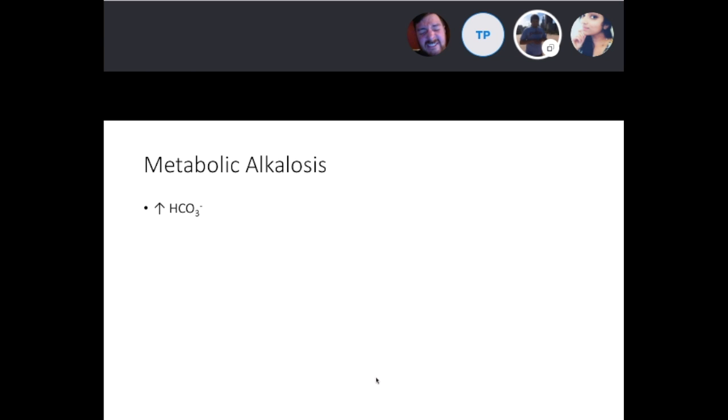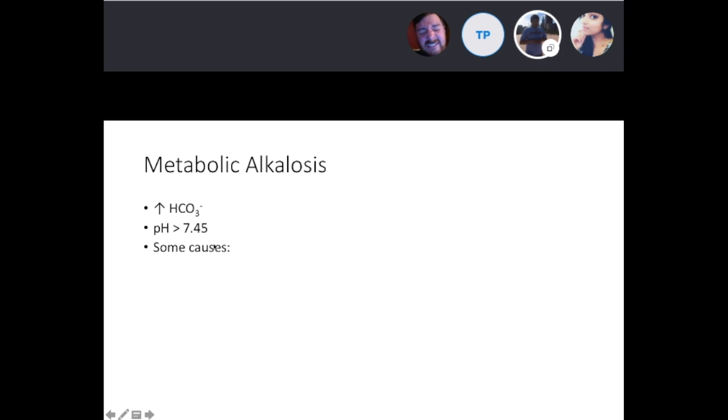All right, so in metabolic alkalosis, you're going to have an increase in your bicarb level and an increase in the pH. If I use that equation, which I don't think I put in here, increasing your bicarb level will cause everything to shift to the left, and that will decrease the number of hydrogen ions and cause an alkalosis.